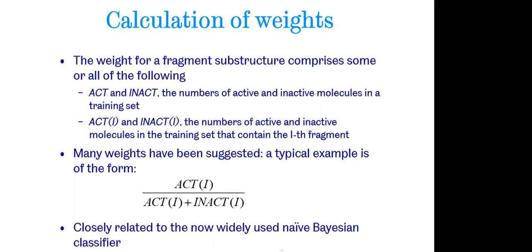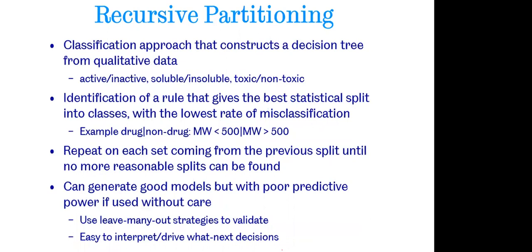So this will give the weight, nothing but the score, of each fragment substructure of the entire molecule. Like this, it will be calculated for the entire molecule. And then recursive partitioning. In recursive partitioning, we define a decision-making method, to generate a good model with more predictive power. It will be split into more trees, and it is a statistical method.